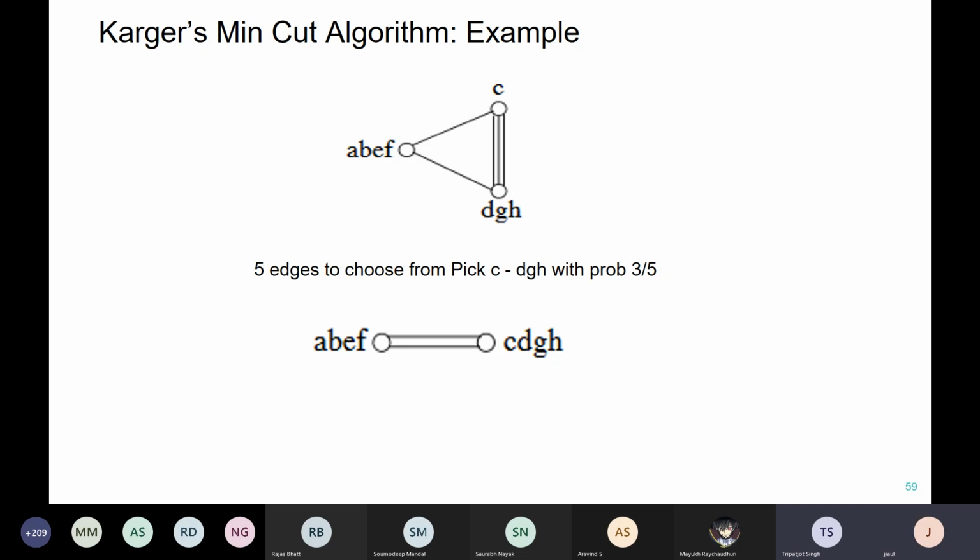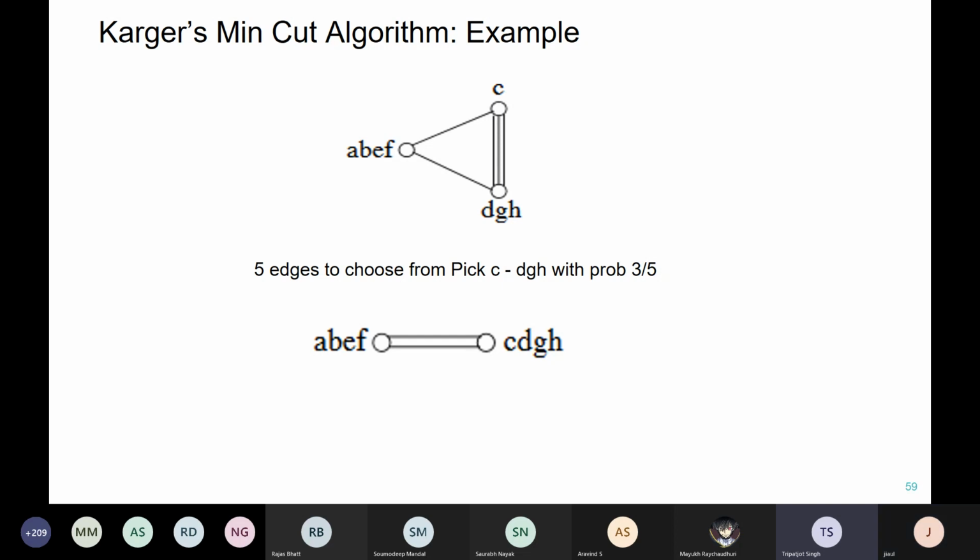In this case, ABEF and CDGH. ABEF is part of one community and CDGH is part of the other community. And that is how you can use the randomized algorithm to split the graph into two coherent communities.